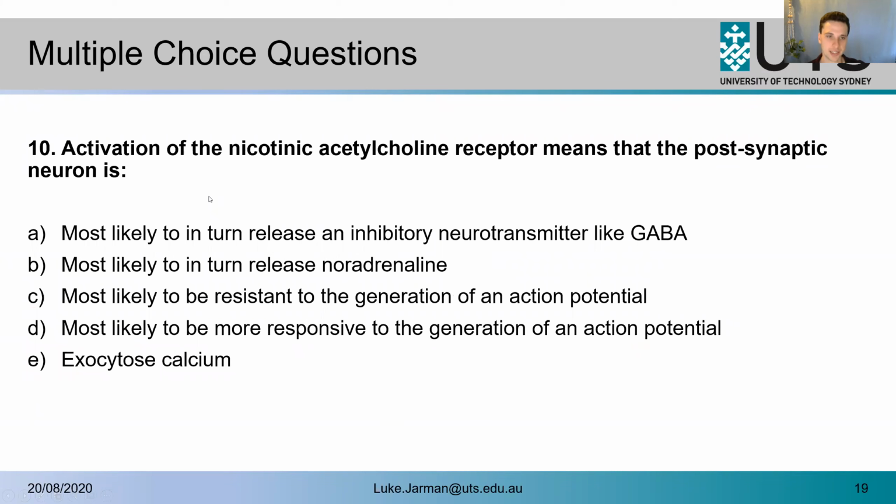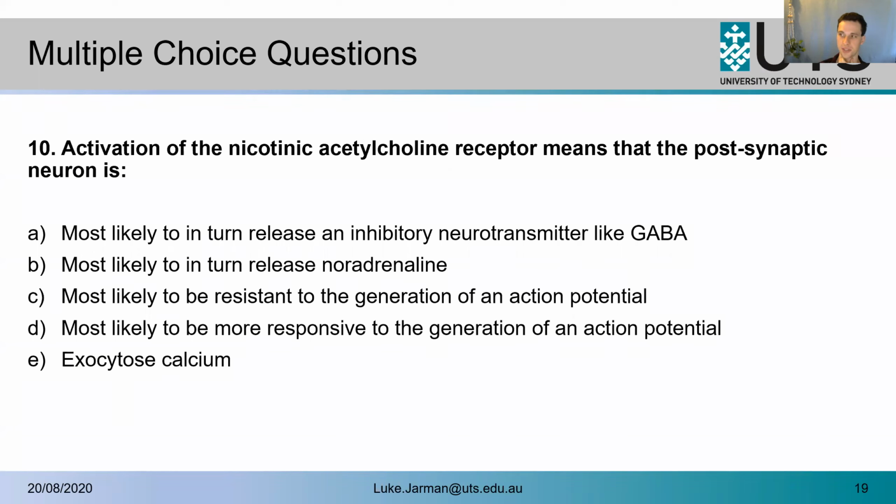Moving on, activation of the nicotinic acetylcholine receptor means that the postsynaptic neuron is, which of the following? So have a think about nicotine. Have a think about whether it is stimulatory or inhibitory.